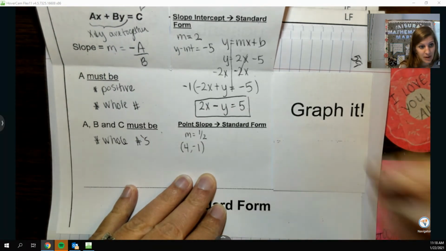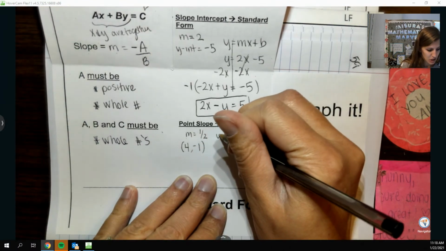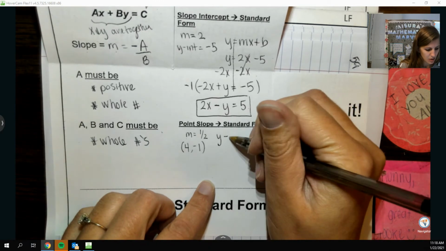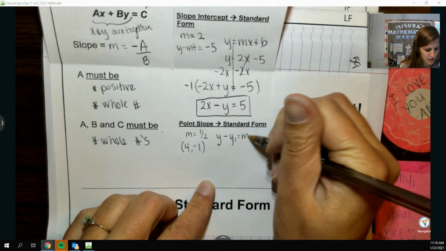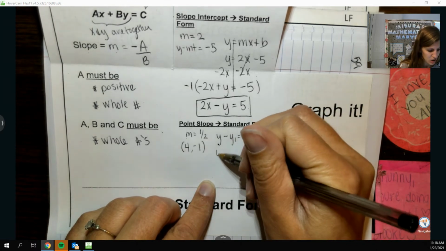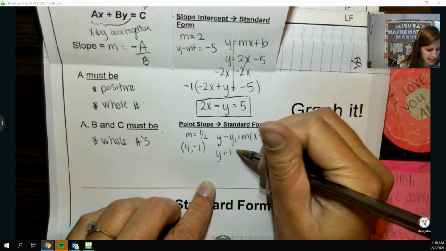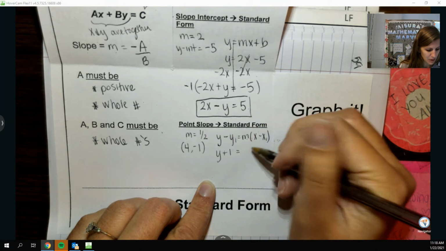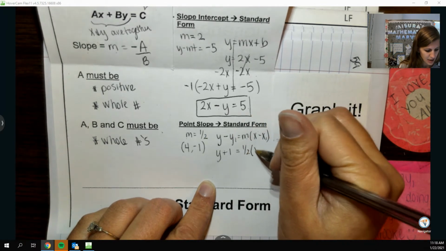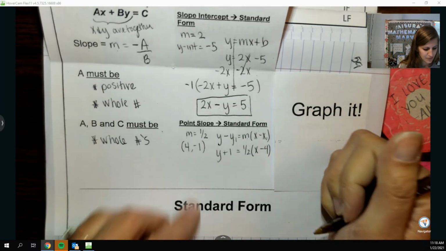I'm going to want to put that in point-slope form because they gave me a point and they gave me the slope. So we're going to do y minus y1 equals m parenthesis x minus x1 and fill everything in. So y goes in for y, and a double negative will make it a plus. Slope goes in for m, and then x goes in for x, and it's going to look like x minus 4.